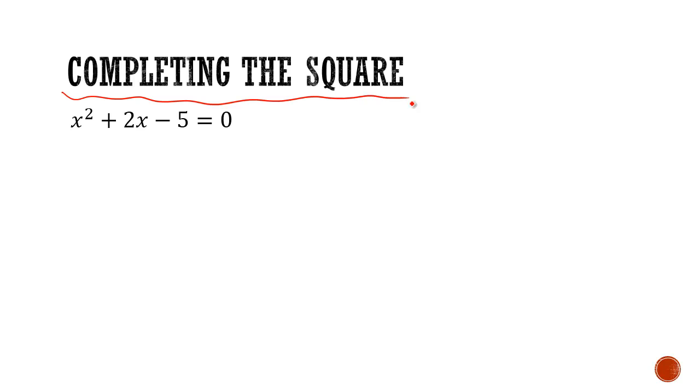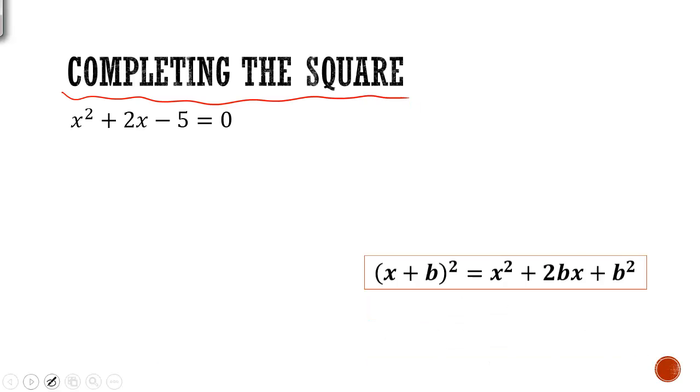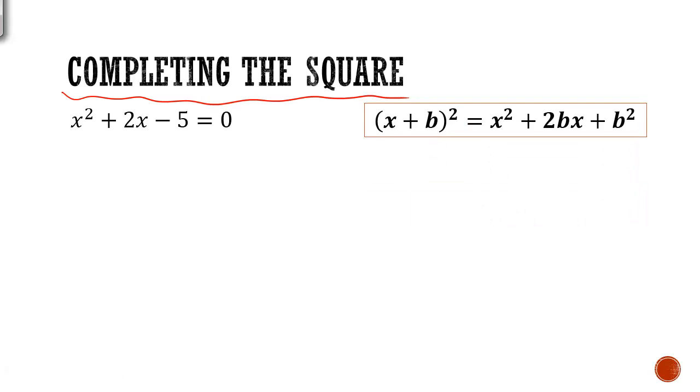First of all, I want you to recall this idea. If you have a bracket squared, remember when you open it up and multiply it all through, you're going to end up with a doubled middle term. That doubled middle term is going to help us discover the end term that we desire.